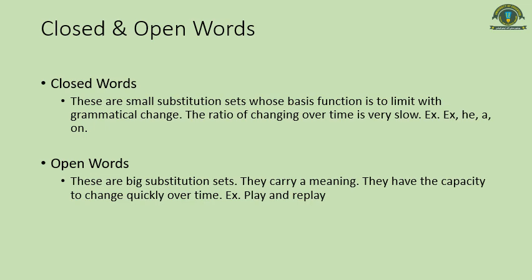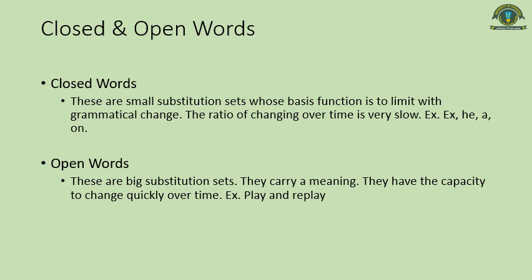Another characteristic is how they change slowly over time. If you look at languages throughout time, closed item categories change slowly and open ones change very quickly. Open set items do change over time quickly, and you can add many words to them, because of a process we're going to talk about later, called derivation.